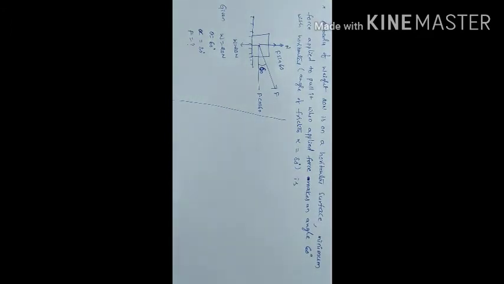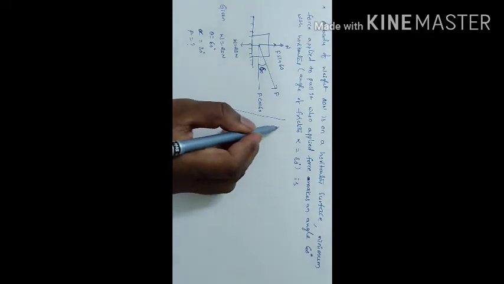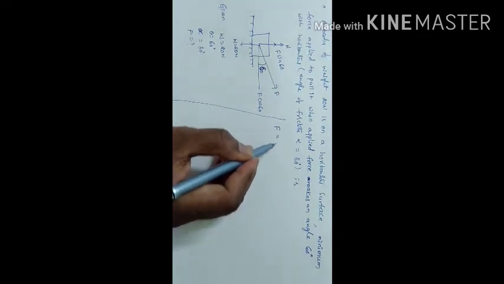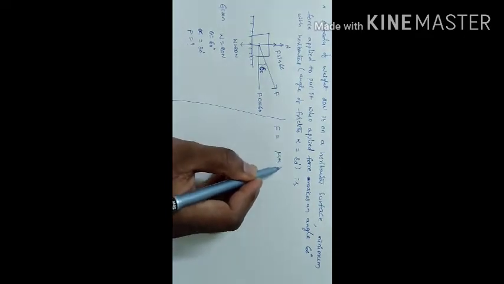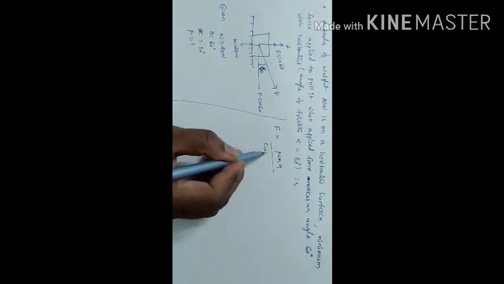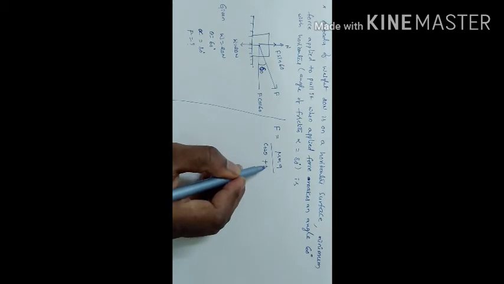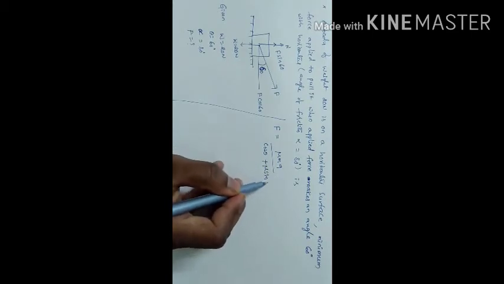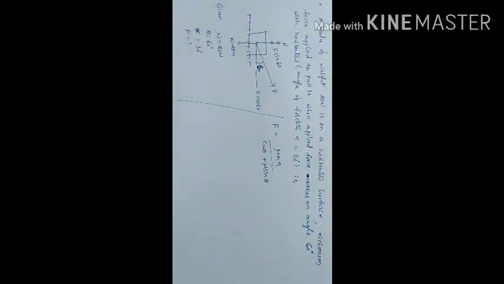We have a formula to find the minimum, already I explained the formula. That is mu mg by cos theta plus mu sin theta.